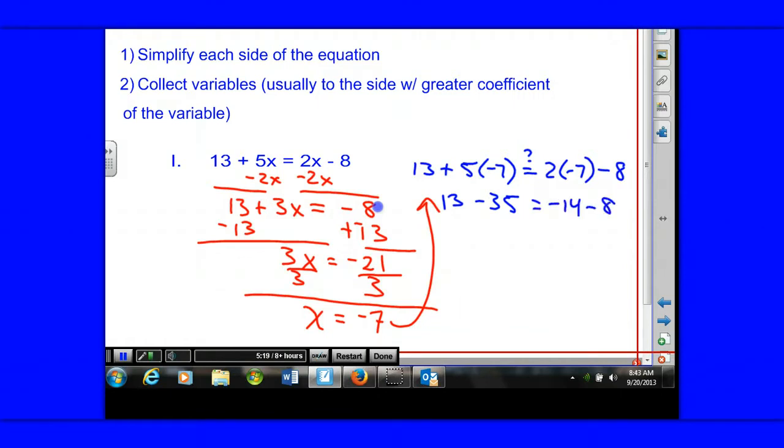All these negatives, right? So 13 plus a negative 35 would be negative 22. And does that equal negative 14 plus a negative 8? Yes, it does. Negative 22.